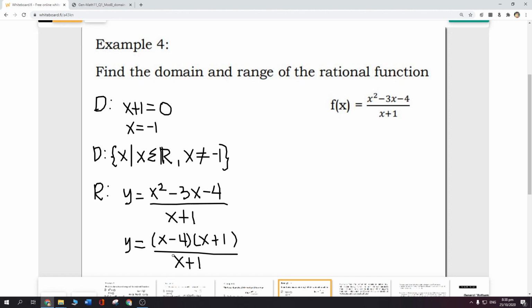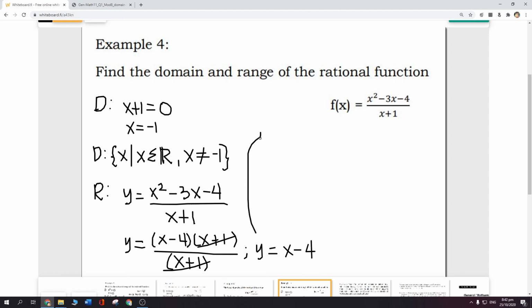You have noticed that we have the same factor, so we can eliminate x plus 1 and x plus 1. Therefore, we have y is equal to x minus 4.